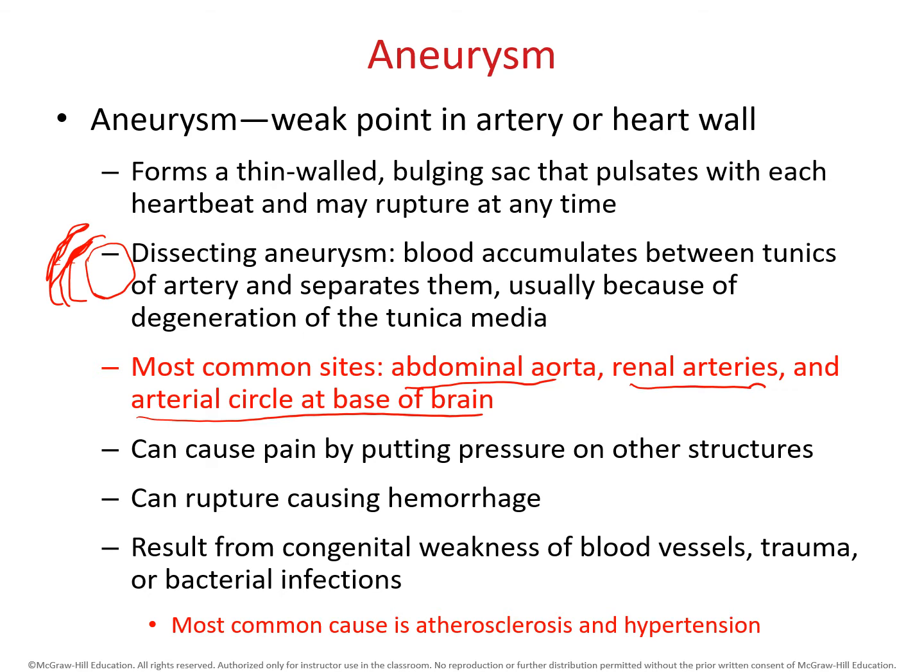Abdominal aortic is when the abdominal aorta has an aneurysm, and thoracic aortic is when the thoracic aorta has an aneurysm. And then you can have a cerebral aneurysm in the brain. Out of these, the most common is the abdominal aortic aneurysm.